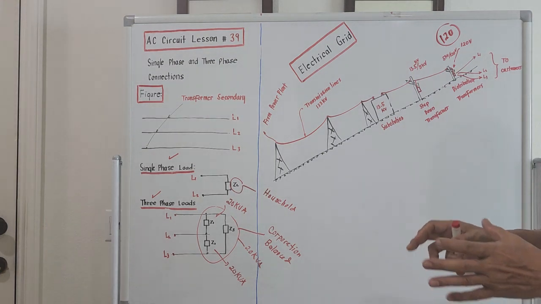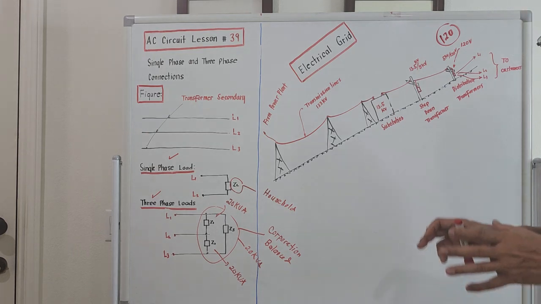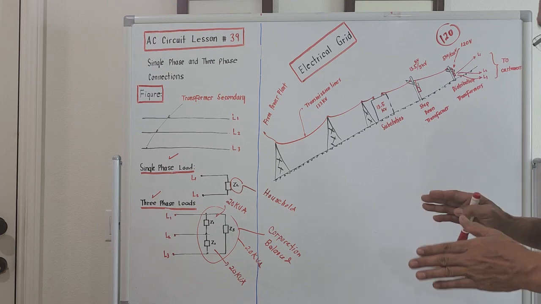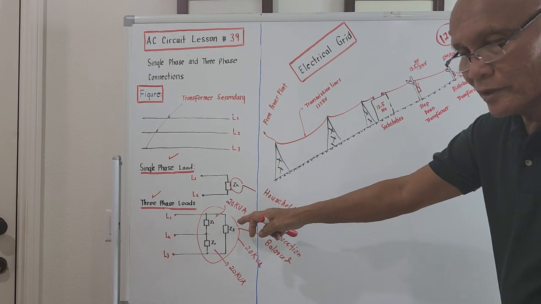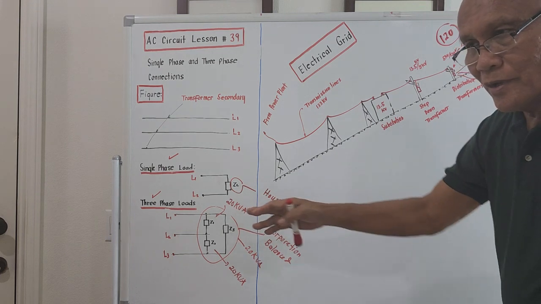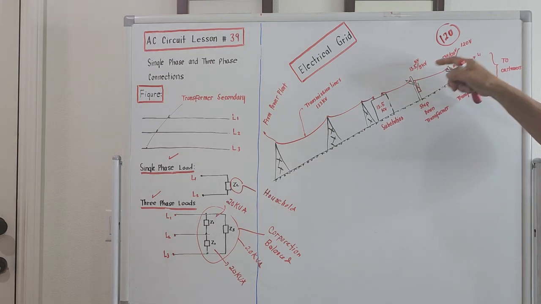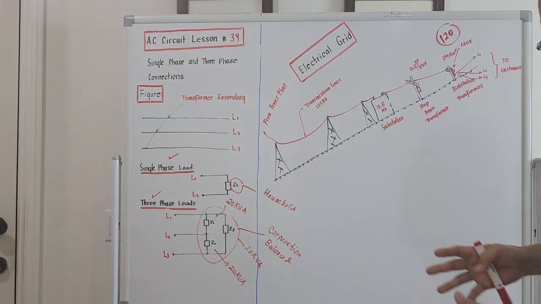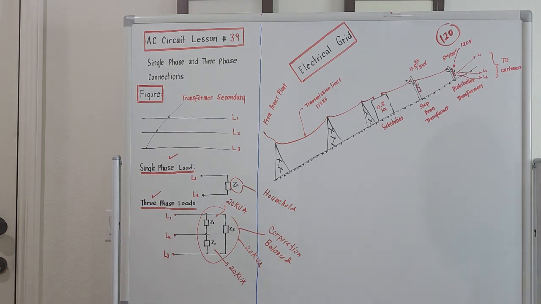That's why big corporations got exclusive transformers in which their voltage rating is in relation to the voltage needed by their three-phase load. But for ordinary households, the secondary of the transformer is actually 120 volts.